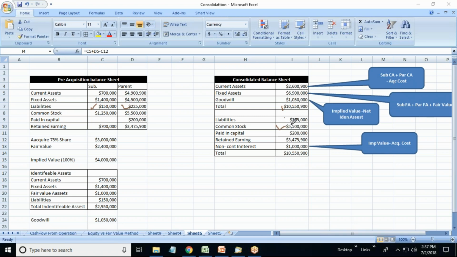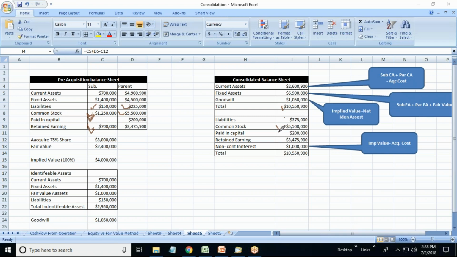Why is it not showing the subsidiary's? Because we already paid for it. This is now the consolidated balance sheet at parent level, so we remove the subsidiary's common stock and retained earnings while consolidating, as the parent now owns 75%.